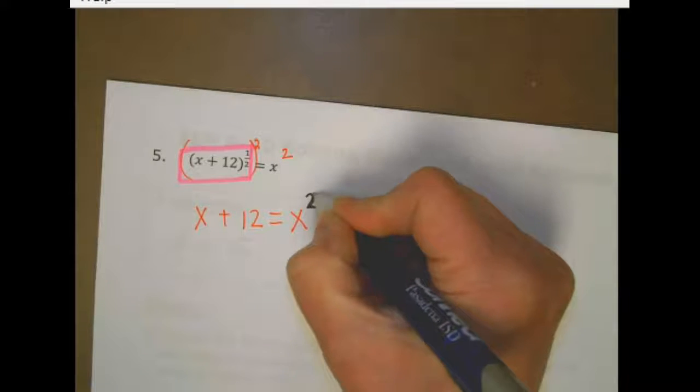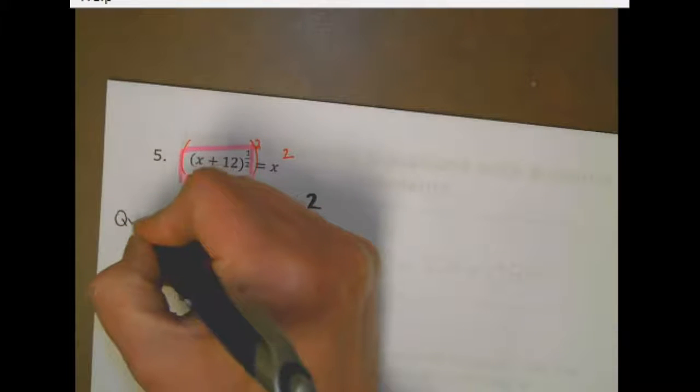This number right here makes this x squared. If this x is squared, this is a quadratic. The reason that's important is if it's a quadratic, you're going to solve by factoring. If you're going to solve by factoring, it has to be equal to 0.